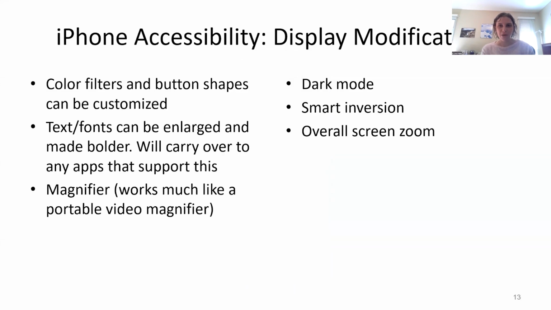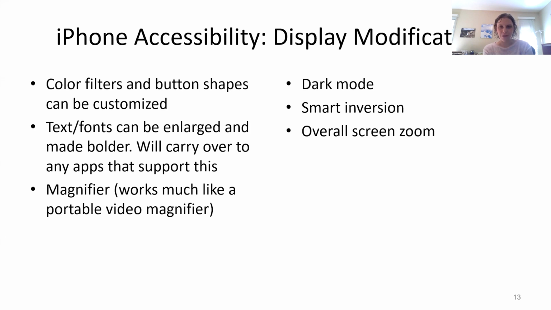So we'll start just like we did with Android. So iPhones, you can do a lot in terms of display modifications. So you can change the color filters of your home screen as well as the button shapes. I haven't really found a good use for changing the button shapes when we're talking about vision impairment, but they offer that feature. The text and the fonts can be enlarged and made bolder.